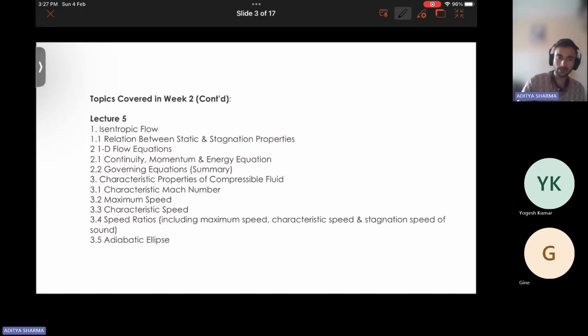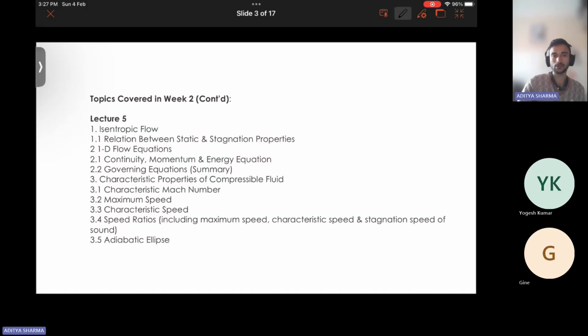Then we discussed the characteristic properties of compressible flows, like the characteristic Mach number. A few, 4 or 5, properties have been discussed, and formulae related to these topics have been given in the lectures.